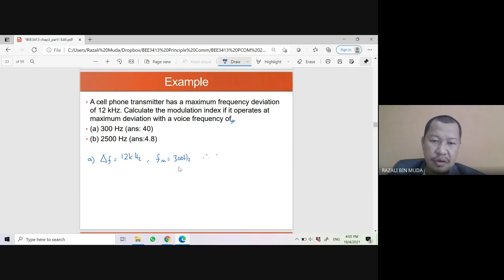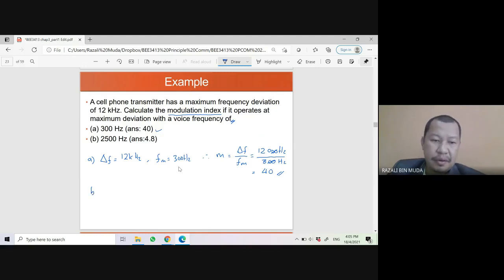Therefore, calculate the modulation index. M equal to delta F divided by Fm, equal to 12,000 Hz divided by 300. 120 divided by 3 equal to 40. Unitless. So the answer is 40.